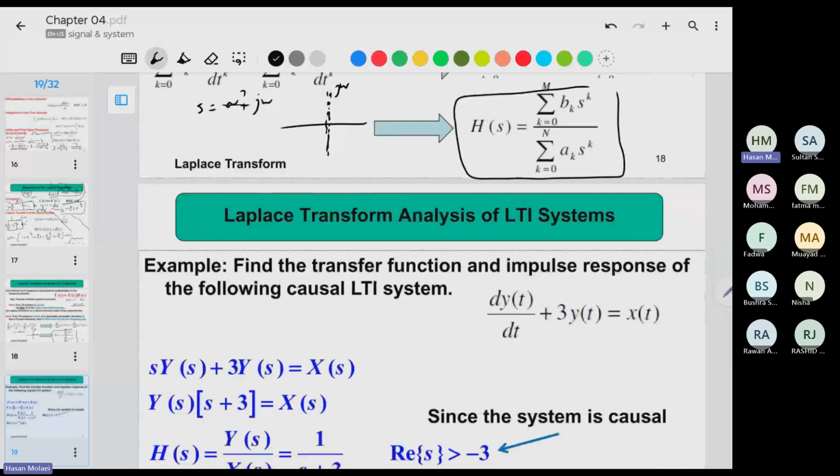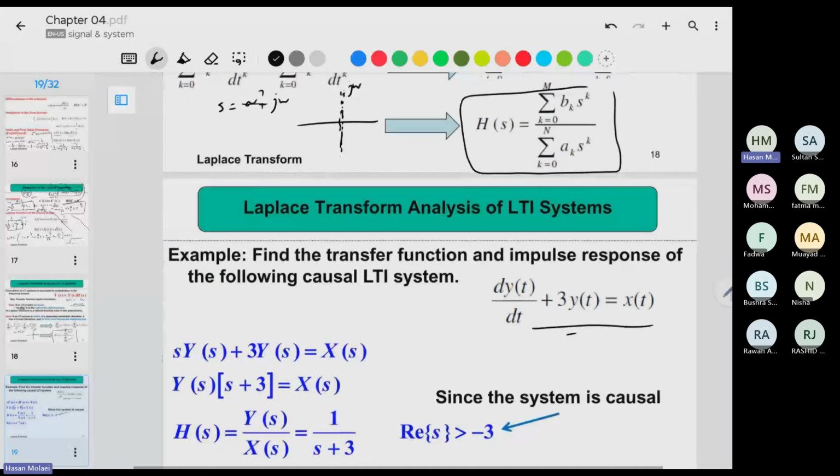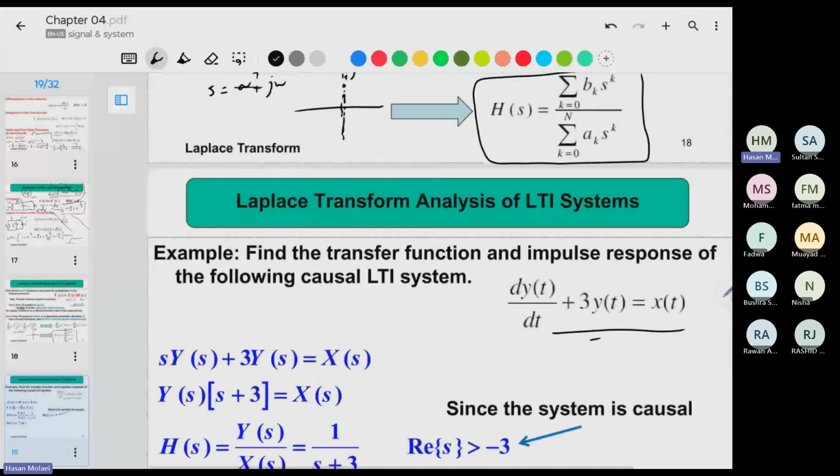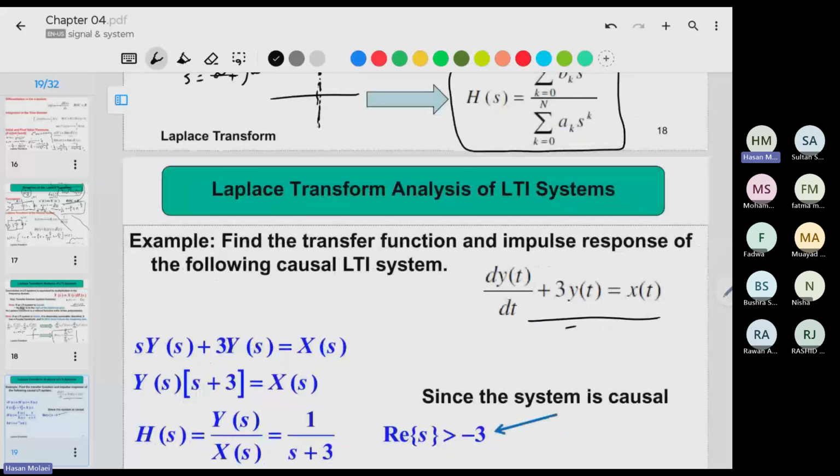For example, that is the first order circuit. First order system. They ask us to find the transfer function and impulse response of this system if that's causal. At first, we should move it to S domain.